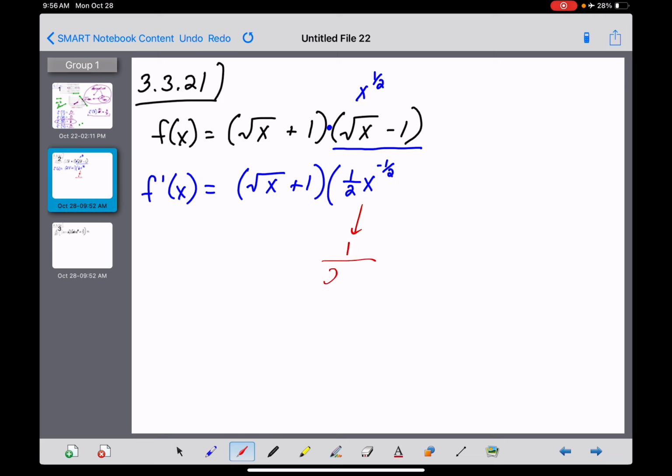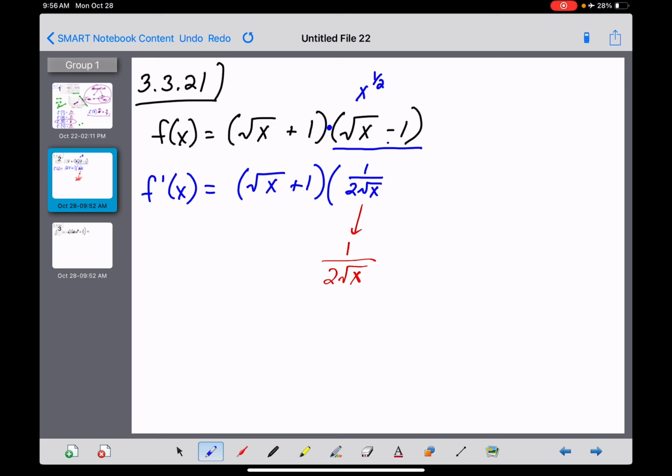The 1/2 is just your 1 over 2 now, and then the x to the negative 1/2 power is going to become a square root of x located on the bottom of that fraction there with the 2. So that format that I have there in red is usually the more useful version of it, so I'm going to write it then as 1 over 2 times the square root of x.